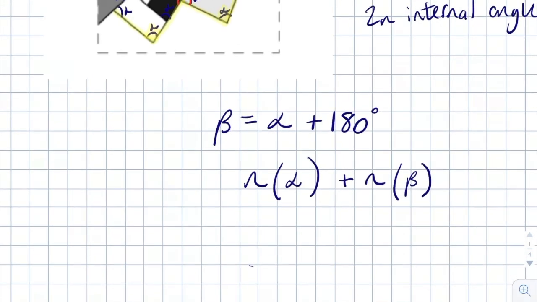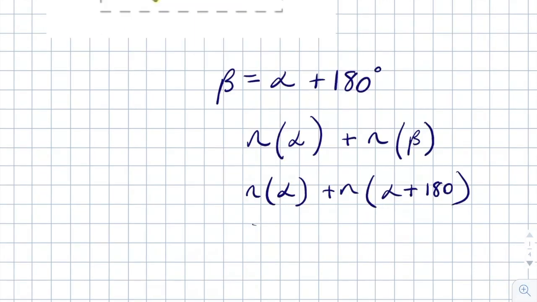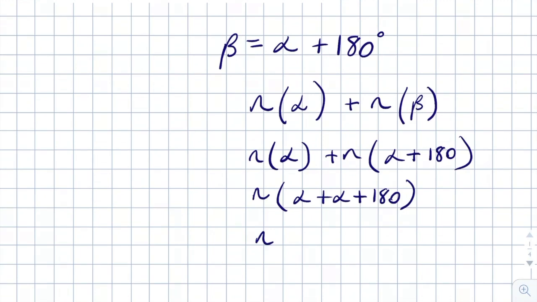Well, we can replace beta with alpha plus 180, so we say n alpha plus n all multiplied by alpha plus 180. And then if we take out this common factor of n, we're going to have n all multiplied by 2 alpha plus 180.